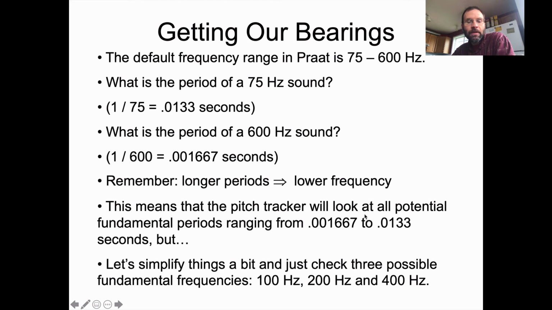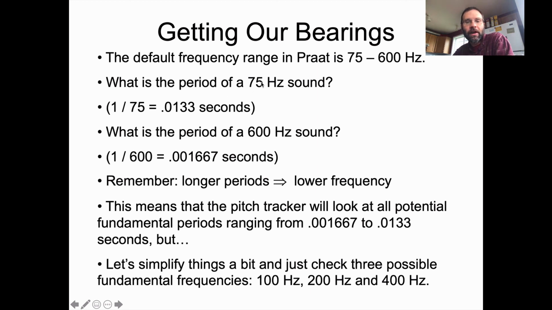Okay, so if we actually do this for every single possible frequency between 75 and 600 hertz, it would take a long time, at least if we're trying to do it mentally by looking through these slides. So I'm going to simplify things a little bit and just say, let's look at only 3 possible frequencies within that range and see how it shakes out.